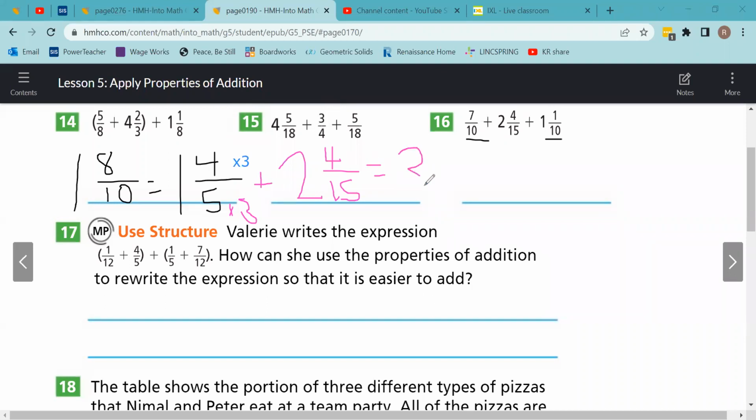So this equals, oh no, I skipped again, sorry, 1 whole and 12/15 plus 2 whole and 4/15 equals, we have 3 whole and 16/15.